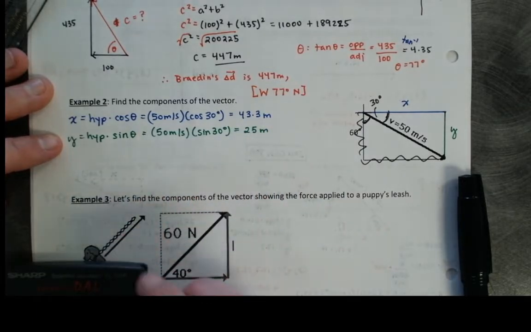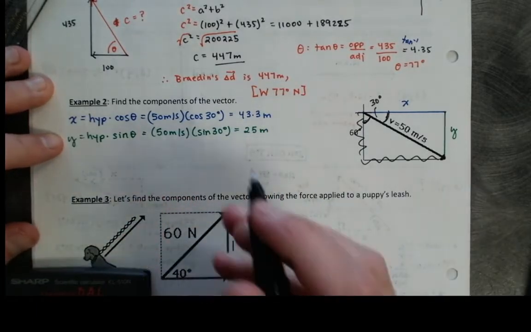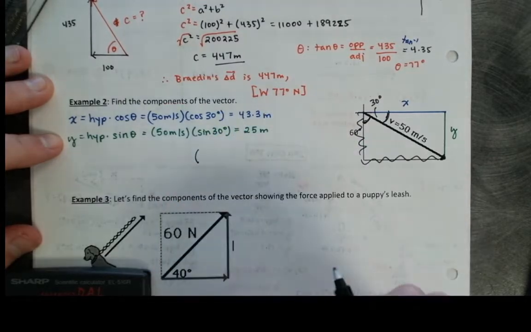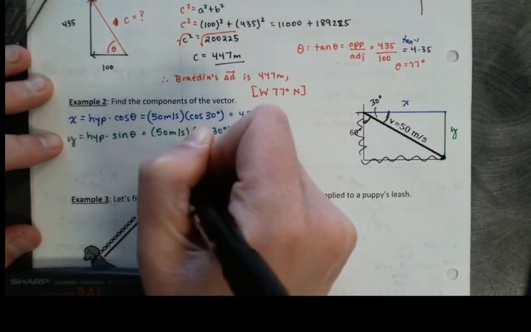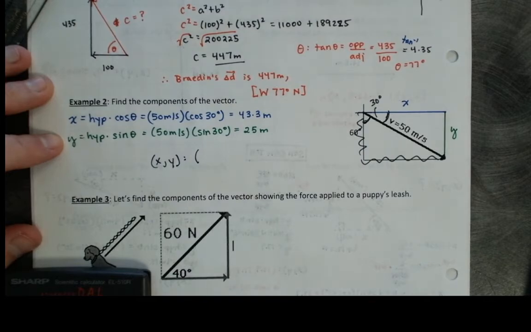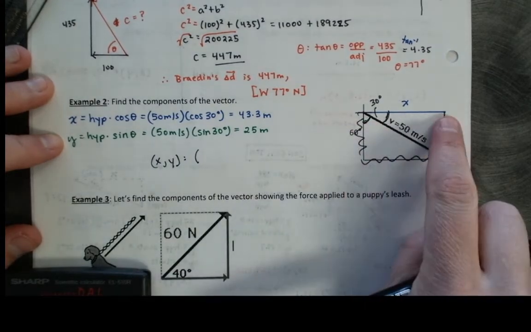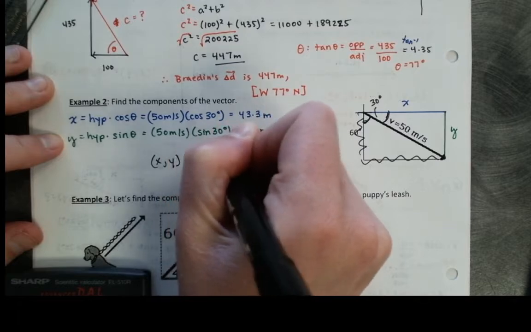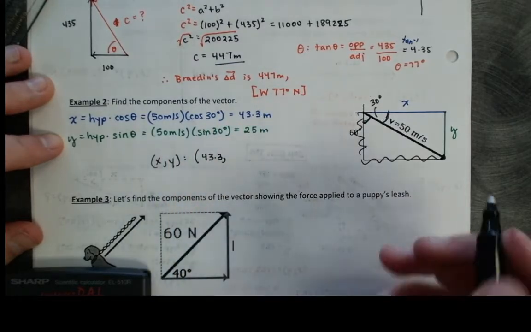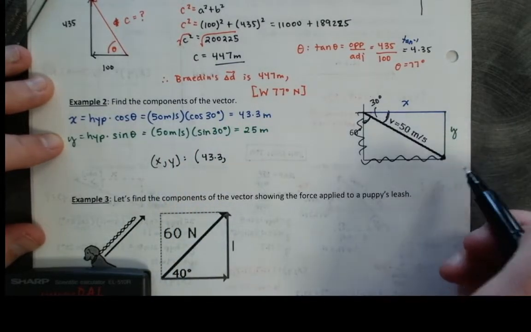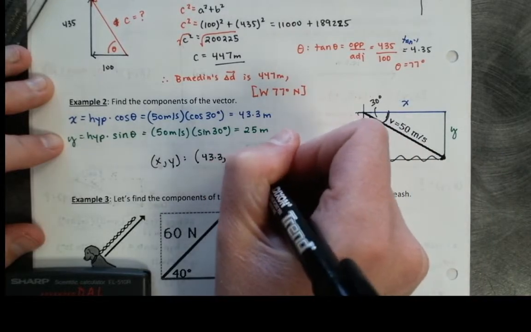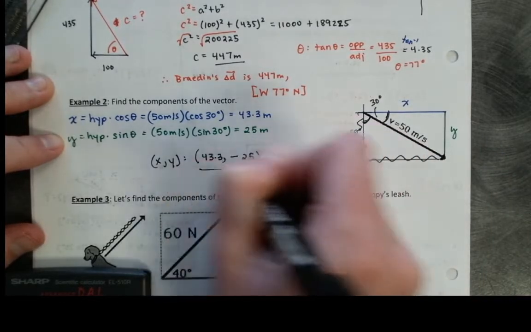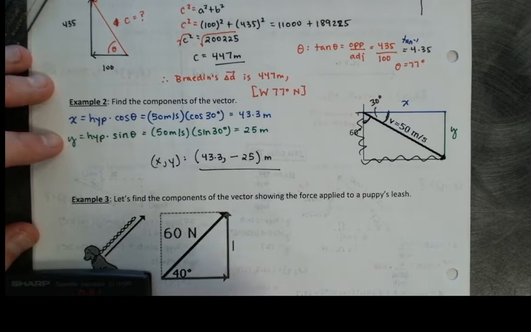Okay, so our x and y components, well, x is going to be positive because it's to the right, so 43.3, and our y is down, which means it's negative, so those are our components.